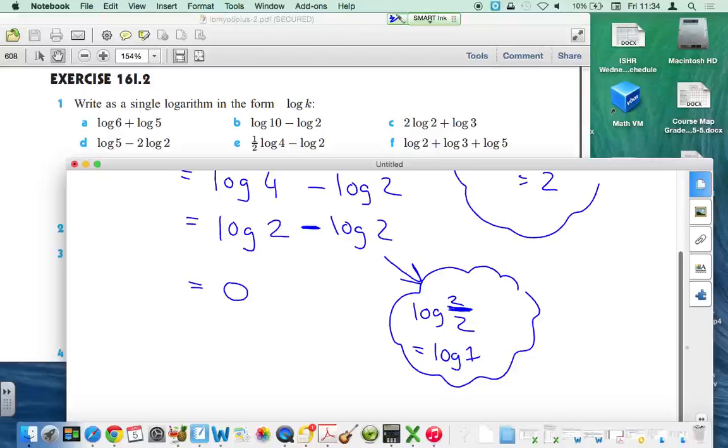Now that doesn't look like it's the same as this answer over here. So what's going on? Well, remember how you've been shown how you can do the values of logarithms. Remember the circular thinking. What is the value of that? What is it we're trying to demonstrate with that?